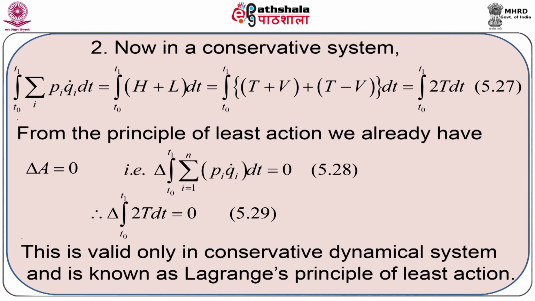From 5.27 and 5.28 we have Δ of the integration t0 to t1 of 2 into T dt equal to 0. This is valid only in a conservative dynamical system and is known as Lagrange's principle of least action.